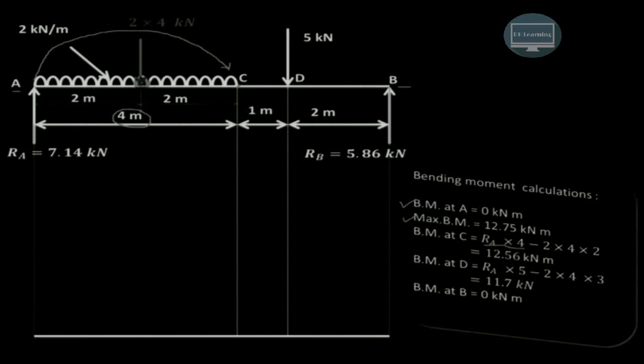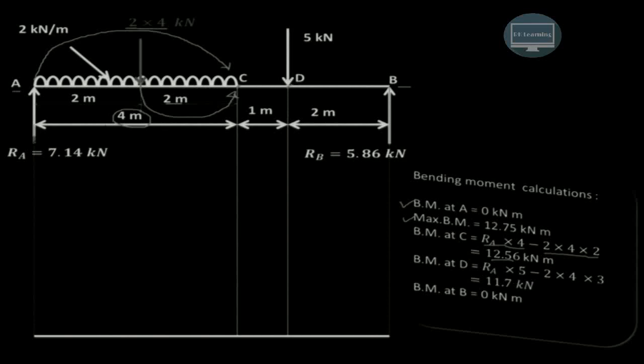This UDL load, 2 into 4, is acting at the center of this 4 meter, that is 2 meter. It will produce the anti-clockwise moment about point C, so it will be negative. So 2 into 4 is the load and 2 meter is the distance, negative because it is anti-clockwise. So we get this value, that is 12.56 kilonewton meter.